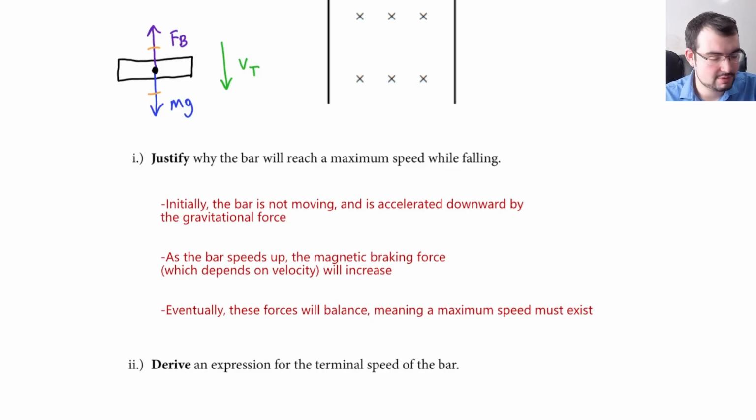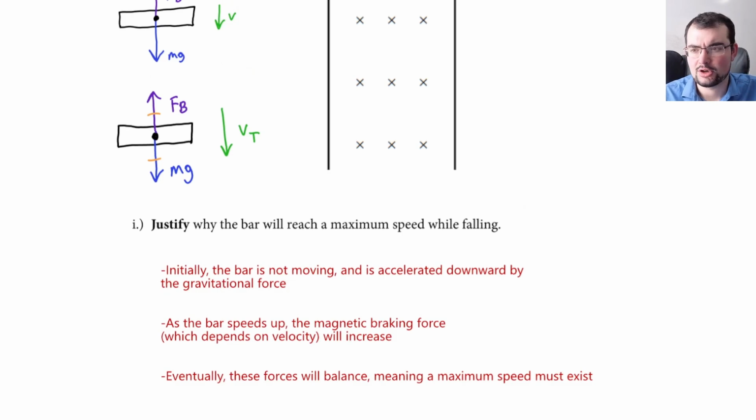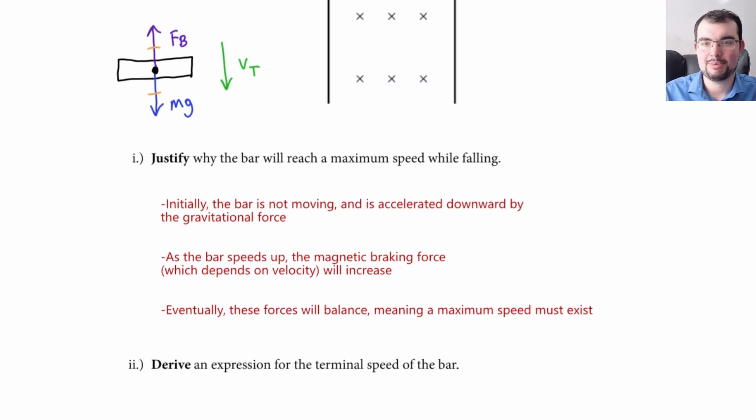So initially, the bar is not moving, so it's accelerated downward by gravity. As the bar speeds up, the braking force increases, and eventually these forces balance, causing terminal speed to exist. Terminal meaning maximum, right? Because what happens if it went faster than that terminal speed? Well, then the magnetic force would win and slow you down to that matching speed.